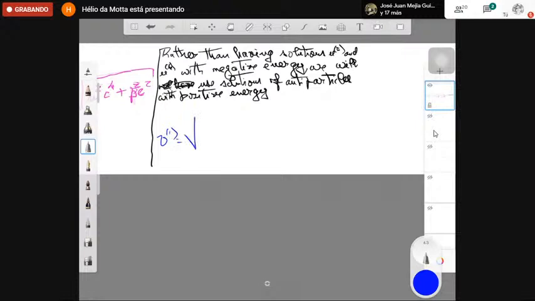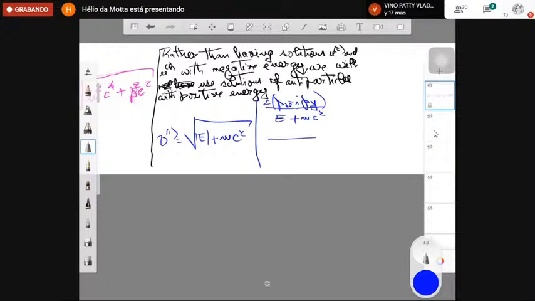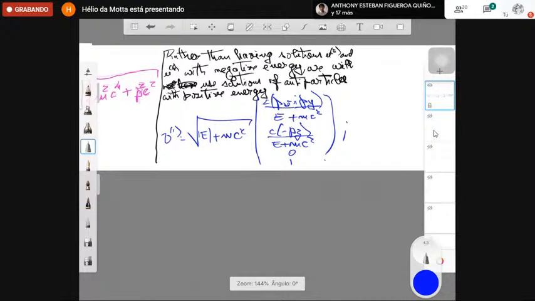We have the normalization exactly the same. C, then will be Px minus iPy. We get this just by replacing the energy by minus the energy, the momentum by minus the momentum. E plus mc squared. The other one is c minus pz, E plus mc squared, 0, 1. And the other one will be called V2.